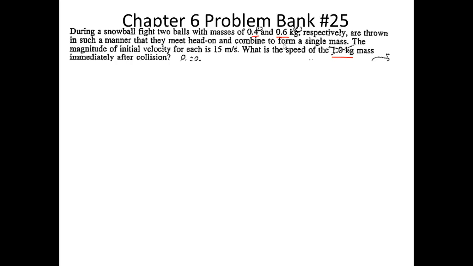And we know that we have a perfectly inelastic collision because we are, again, combining to form a single mass. So we are given the mass of the first snowball, 0.4, the mass of the second snowball, 0.6, and the initial velocity of each, which is 15 meters per second. Let's break that up.